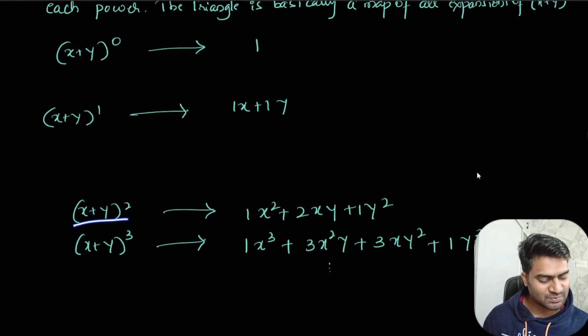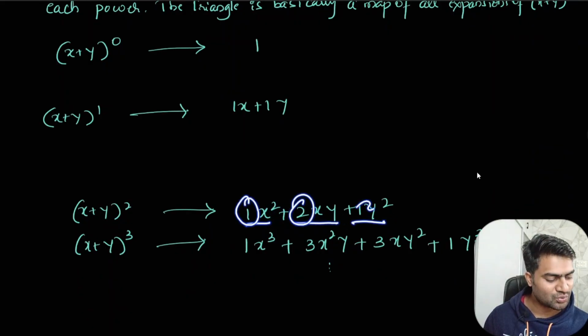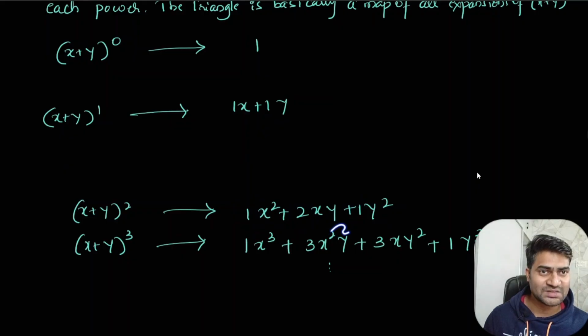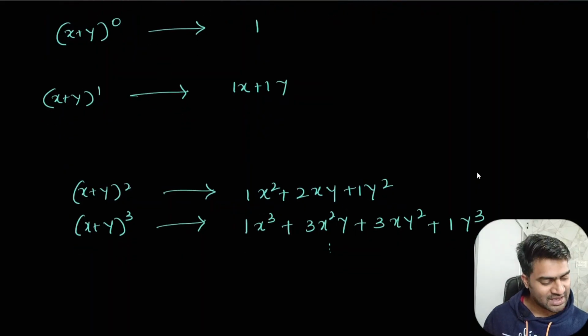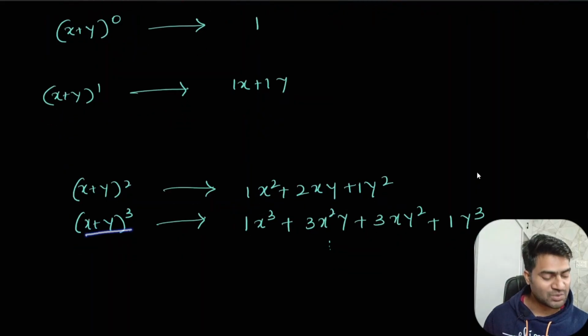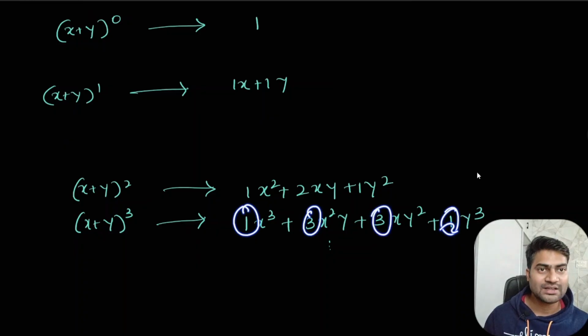Now (x plus y) to the power 2 is 1x square plus 2xy plus 1y square. Correct, right? 1, 2, 1. You can correlate this with the Pascal triangle. And (x plus y) to the power 3 is 1x cube, 3x square y, 3xy square plus 1y cube. Correct, right? 1, 3, 3, 1.